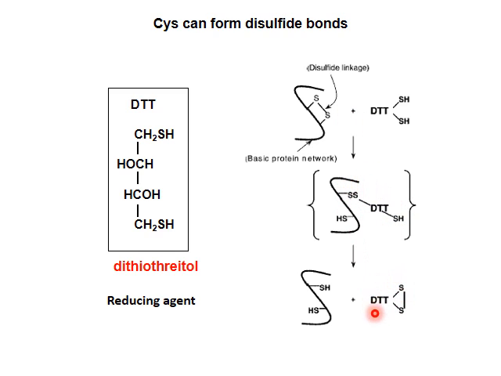And eventually the DTT itself becomes oxidized DTT, and your protein cysteinyl residues are reduced to have the free sulfhydryl. Alternatively, we could add oxidized DTT and then go back the other way. So there's ways to change the disulfide bonding of proteins, and we use this to study protein structure.